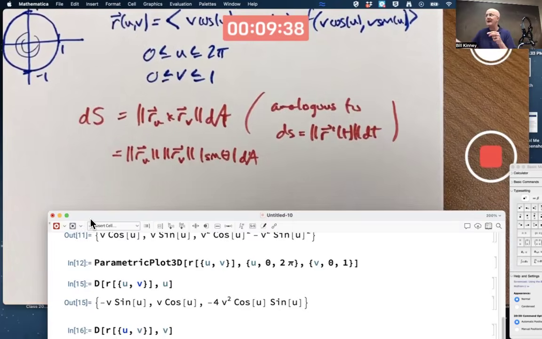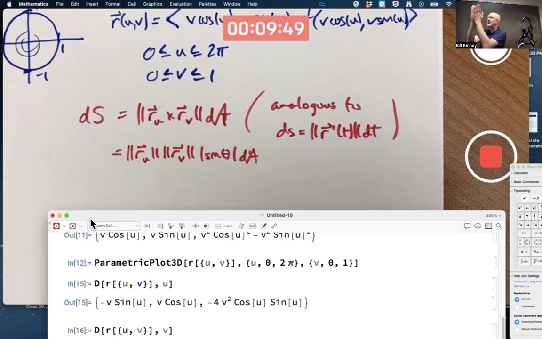They could be thought of as velocity vectors in, say, a u direction and a v direction. Separate velocity vectors, though the angle between them affects how much areas get expanded. When the angle is small, these vectors are close together, and the sine of the angle is small, so they don't affect areas as much. When they're perpendicular, the angle is 90 degrees, and the sine of 90 degrees is 1.